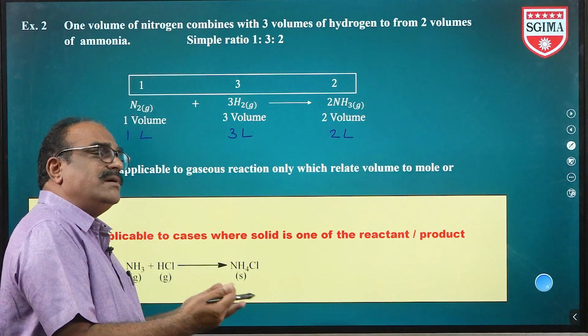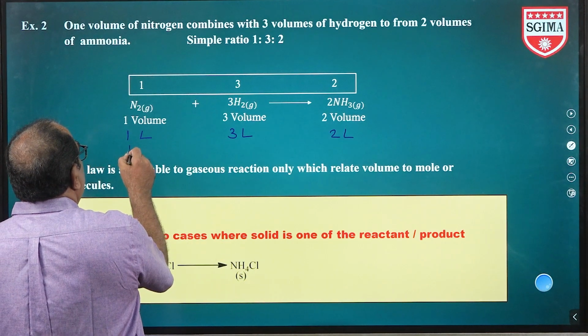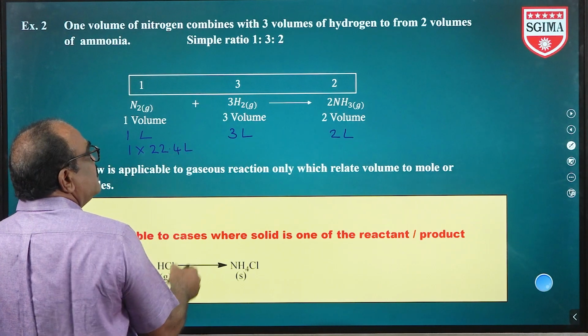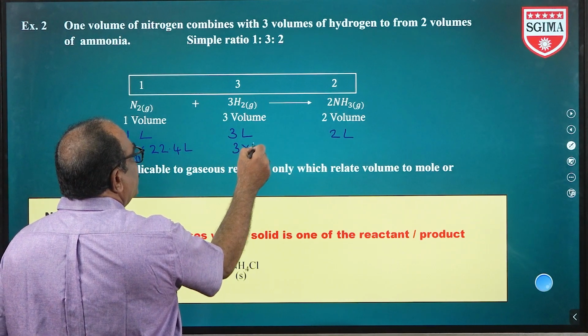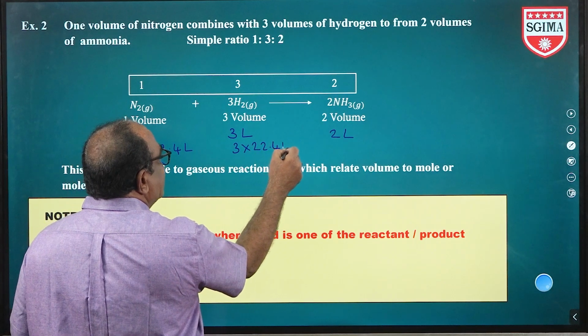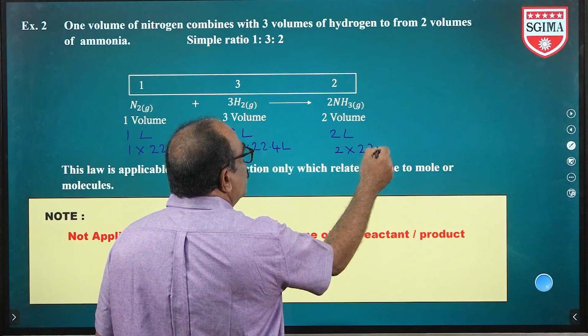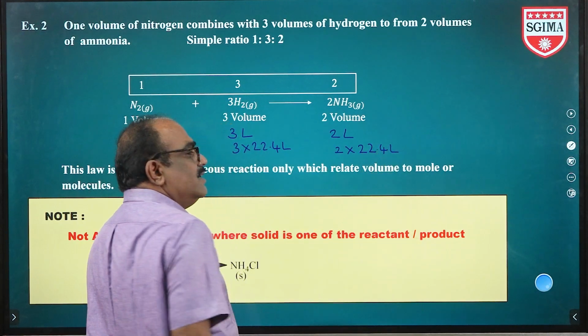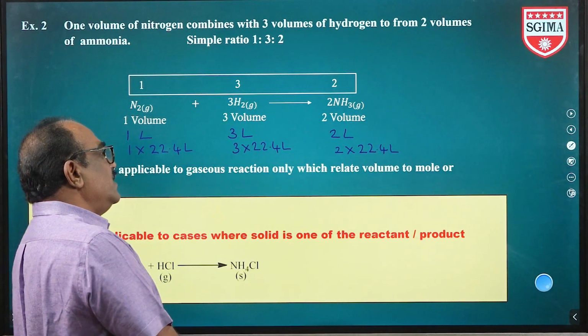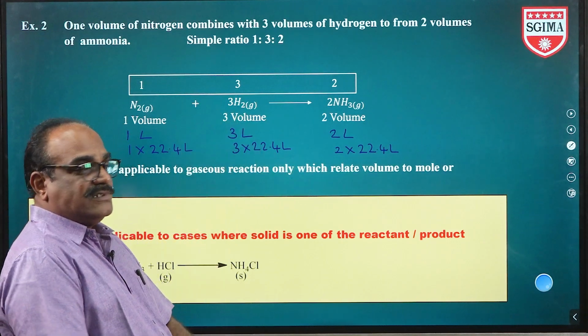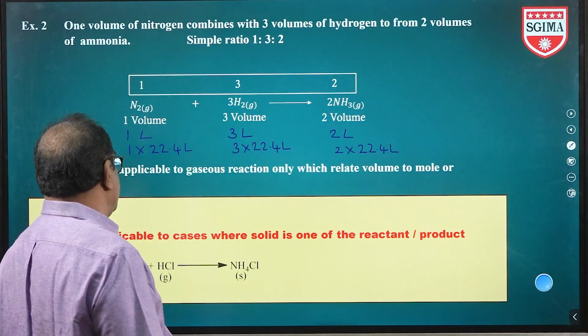I can raise this quantity by any proportion. For example, 1 into 22.4 liters can be taken, 3 into 22.4 liters can be taken, and the product produced will be 2 into 22.4 liters. So, ammonia produced will be 44.8 liters when I am taking by this proportion. That is the advantage of this.